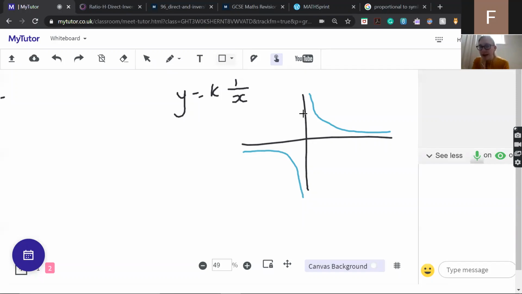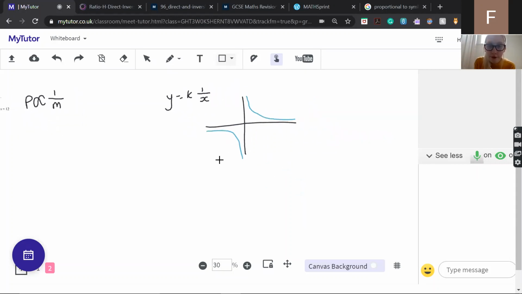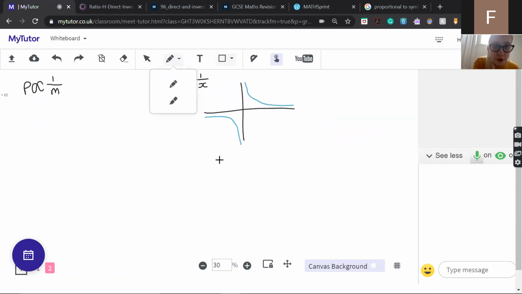Don't worry if you don't fully get that, but just know that this is the graph for y equals 1 over x. So this is, again, the proportion. This k value will just kind of change the stretch of it. So we need to find the k to be able to work it out. So for example, again, this is unrelated to this question. I'm just talking about inverse proportionality.